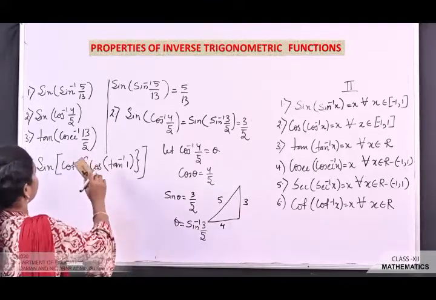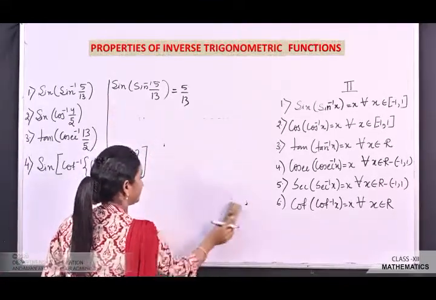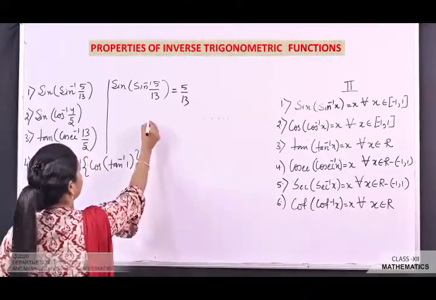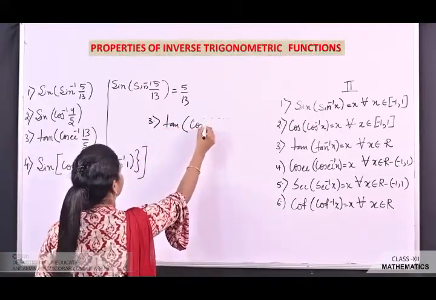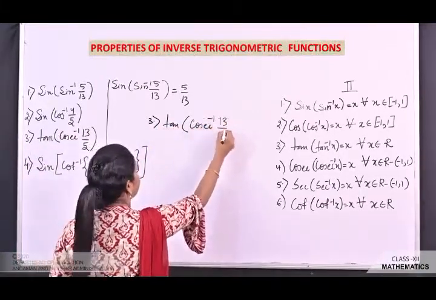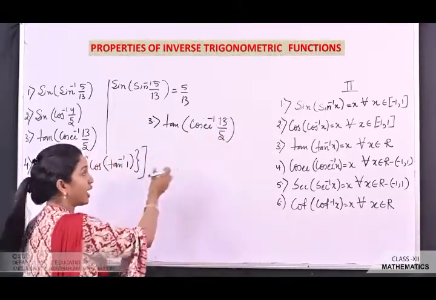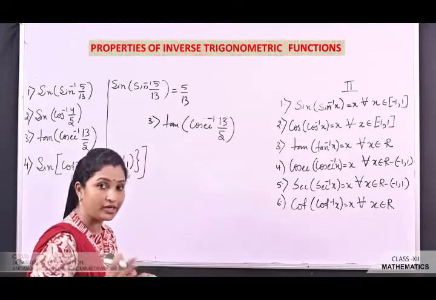Now let's see the third question. The third question is tan of cosec inverse 13 by 5. Again, tan of cosec inverse, you have to convert this cosec inverse 13 by 5 in terms of tan inverse.